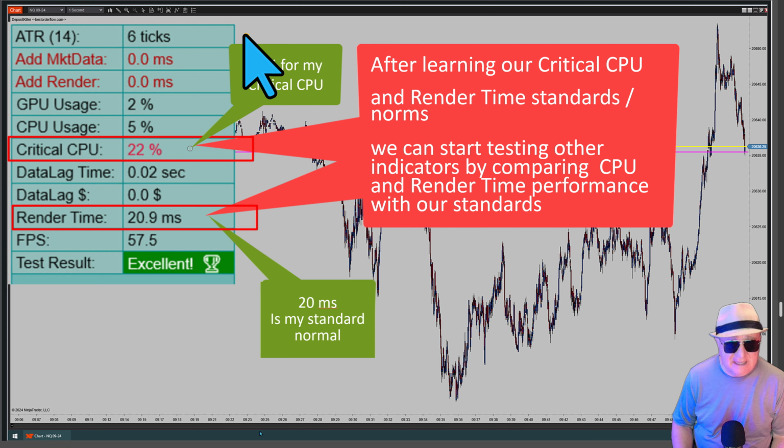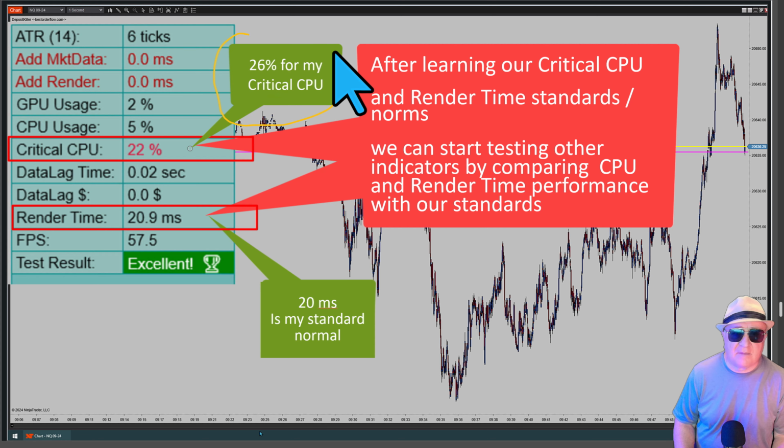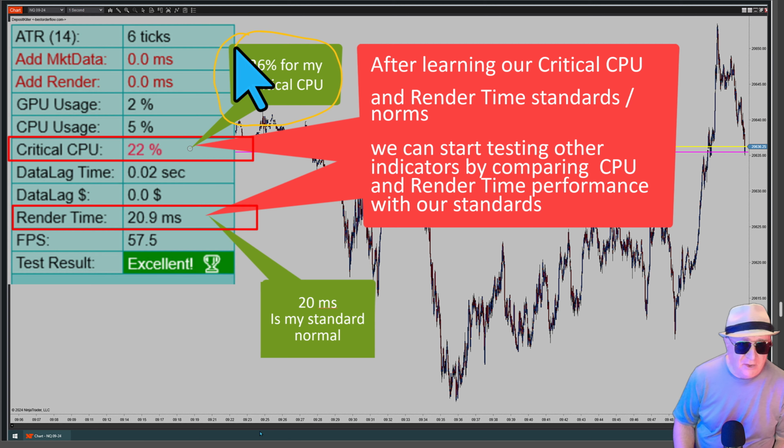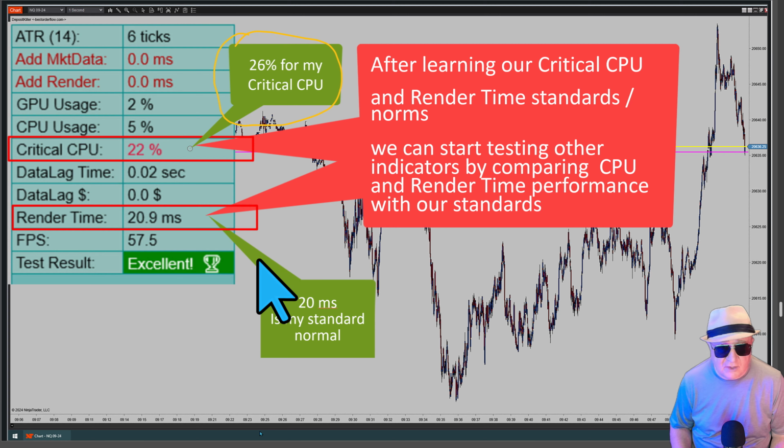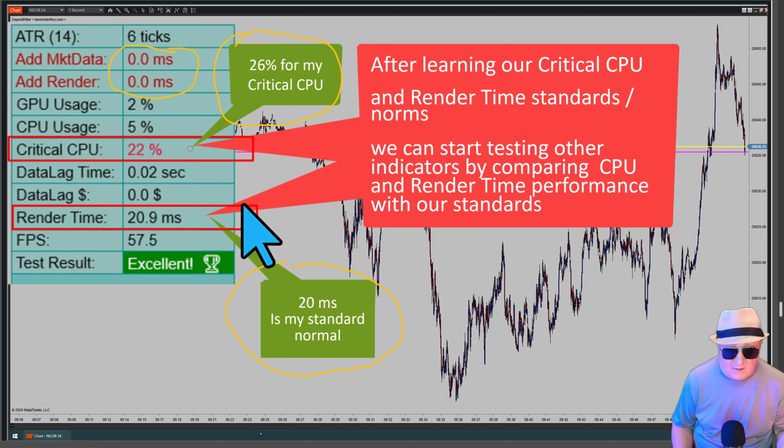And now, when we discovered our benchmarks, it is about 26% for my critical CPU usage, and the rendering time is about 17 to 20 milliseconds. Now we can start testing our indicators.